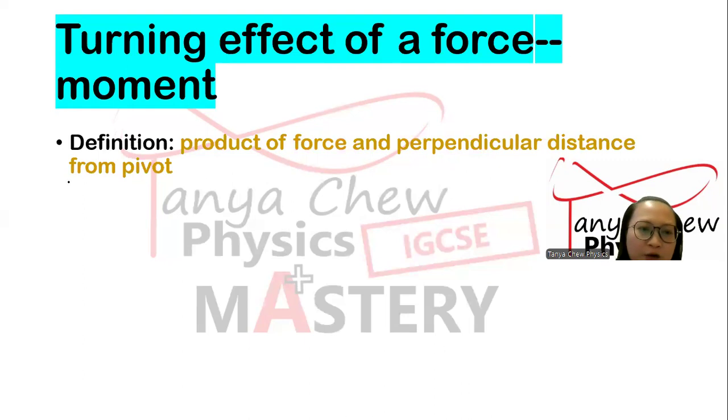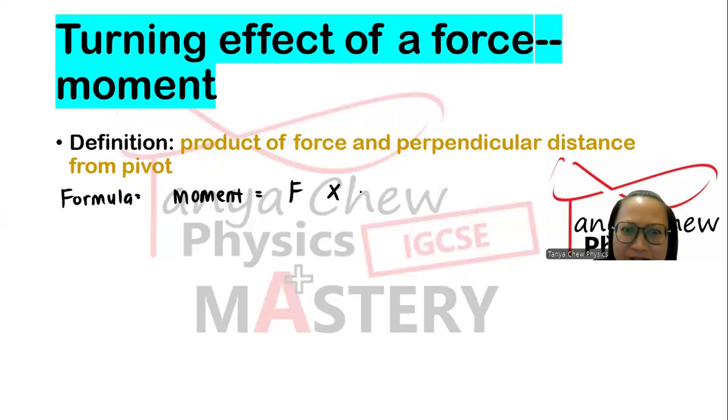So if you want the formula, definitely. Moment equals force, I always write it like this, multiplied by perpendicular distance. Right? The symbol of moment is T with a tail. We call it tau, but it doesn't matter. It's just a symbol.